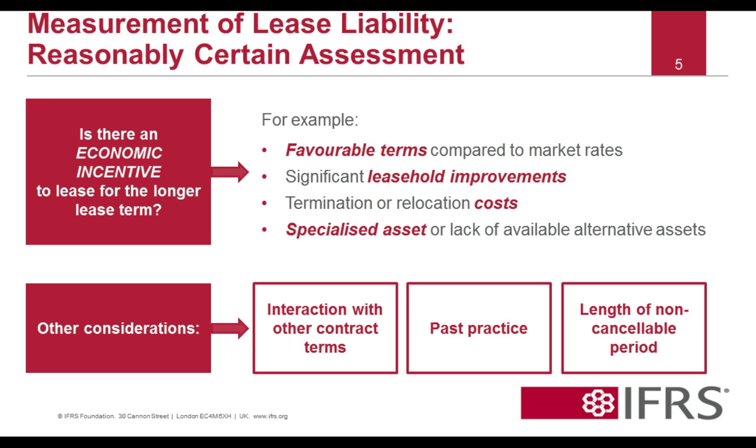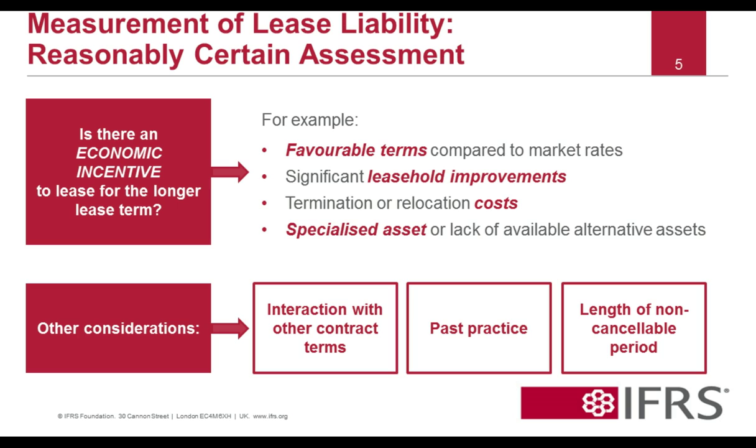Other circumstances that might create an economic incentive for a lessee to exercise an extension option or not to exercise a termination option might be if there is a direct cost of doing so, such as a termination penalty or substantial relocation costs. Another example might be if the leased asset is very specialised, such that a lessee cannot easily source an alternative.